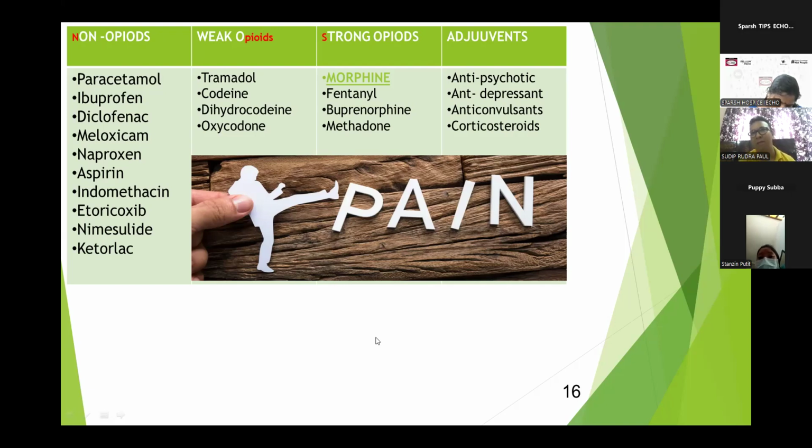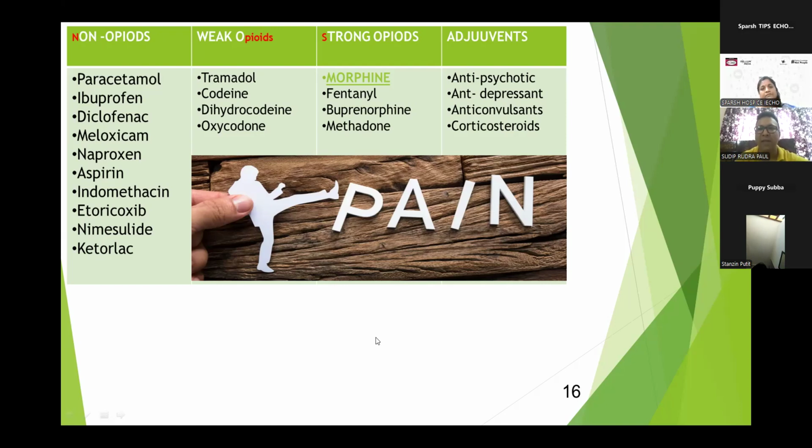It also blocks the thoughts of the patients, as it works on the NMDA receptor or NMDA neurotransmitter. It is also known as an SSRI, selective serotonin reuptake inhibitor.